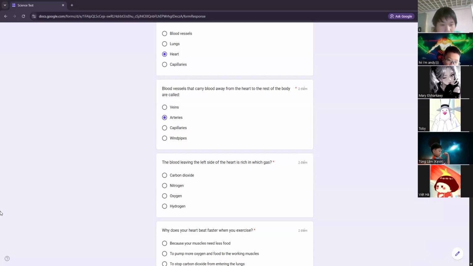Okay. So let's do a bit of process of elimination, all right? Nitrogen and hydrogen are clearly wrong because they are not related as much to the circulatory system. Yes, there is some relationship, but not as much. And yes, we know that carbon dioxide is wrong because I said that the left side of the heart is larger than the right side.